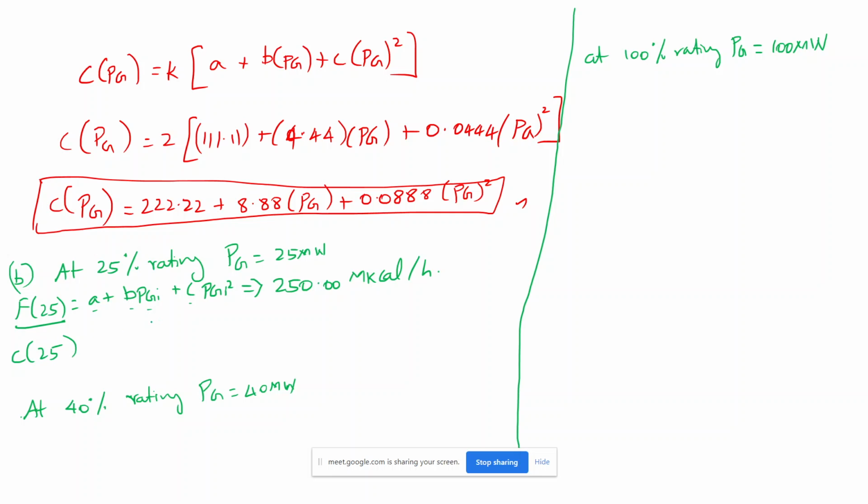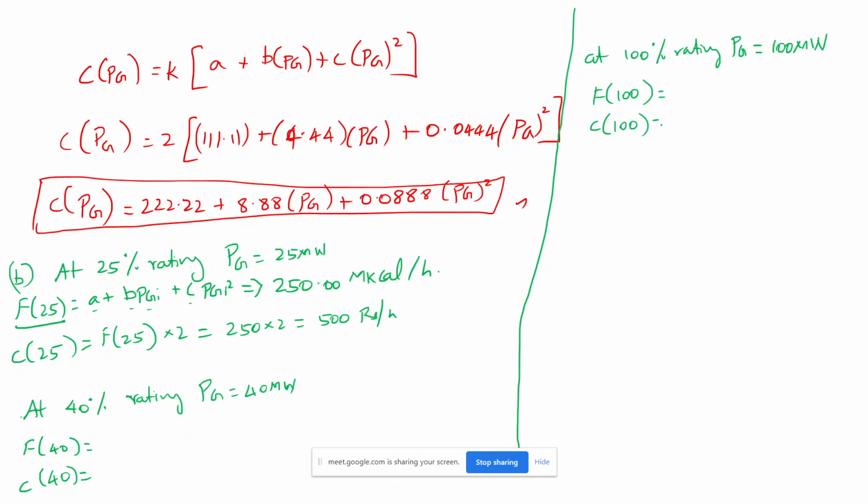So we all know that C is nothing but multiply the cost with this F, so I will get this. F25 multiplied by 2, that is nothing but 250 into 2, so it's nothing but 500 rupees per hour. Okay. Similarly, if you find out for 40, then F40, and C40, and for 100, F100 and C100.